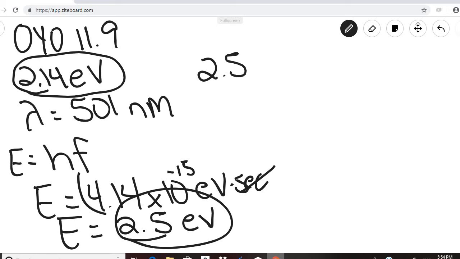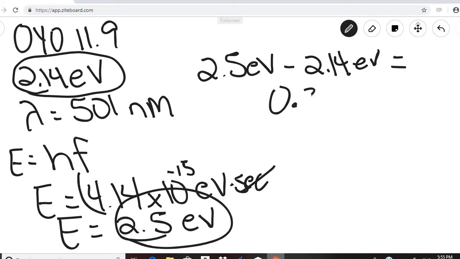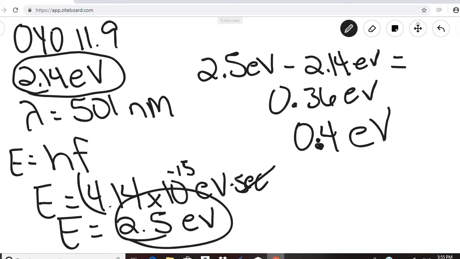So 2.5 electron volts minus 2.14 electron volts. You should get 0.36 electron volts, but we can only go out to the tenths place since we're subtracting here. So it would be 0.4 electron volts.